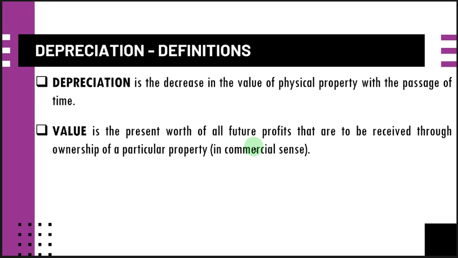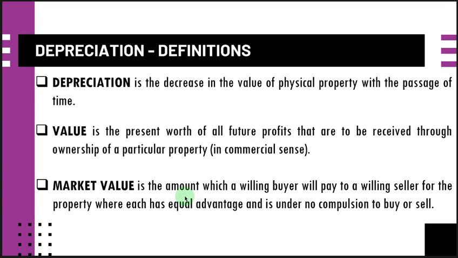This definition is for a commercial sense in which this value is the present worth of all future profits. Okay. And we have now this market value. It is the amount which a willing buyer will pay to a willing seller for the property where each has equal advantage and is under no compulsion to buy or sell.